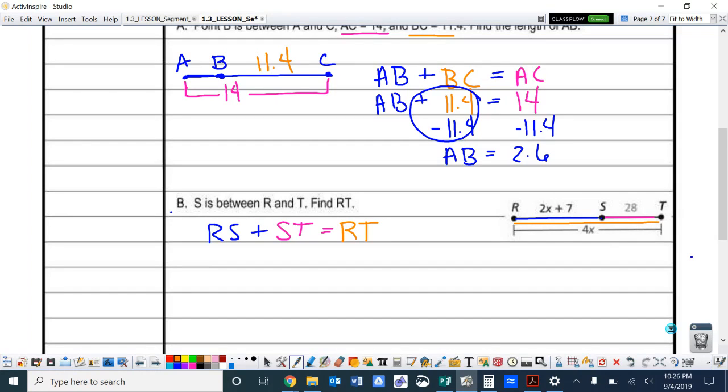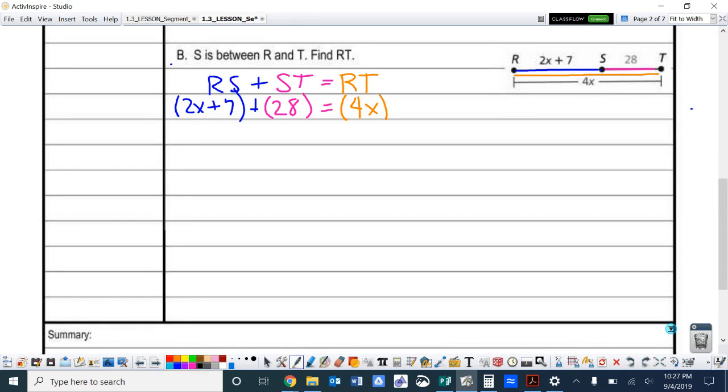And we'll plug in what we know. RS is 2x plus 7. ST is 28. And RT will substitute as 4x.